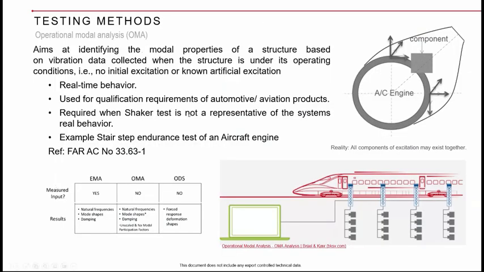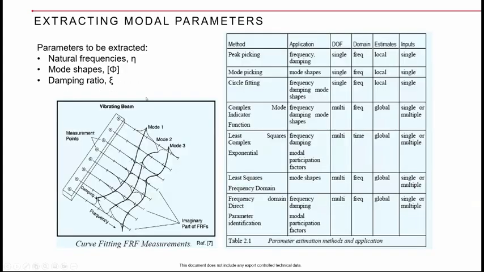Once the data is collected from these testing methods, our interest would be in how we extract these parameters. There are a lot of data acquisition systems and software which can help us in extracting these parameters. So there will be local methods and global methods, and similarly single-input methods like SISO and MISO, that is, multi-input, single-output.